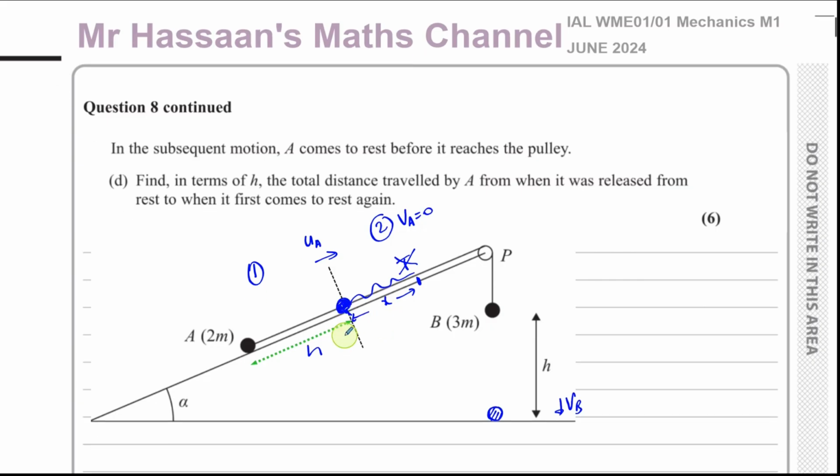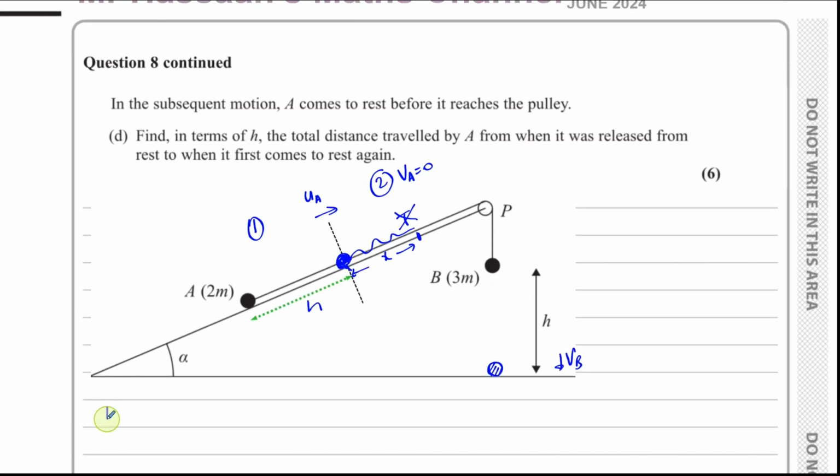So we have to consider situation 1, and we have to consider what's happening to particle B. B is only subjected to situation 1; after that, it's come to rest. So we consider the particle B, the tension in the string and everything, and the acceleration it's falling down with in situation 1.